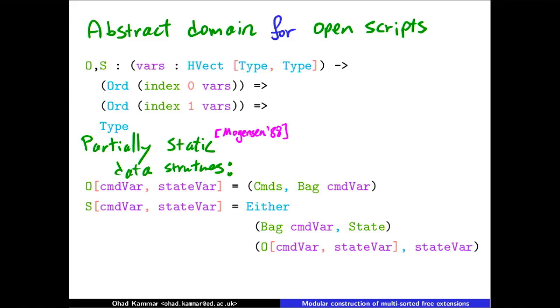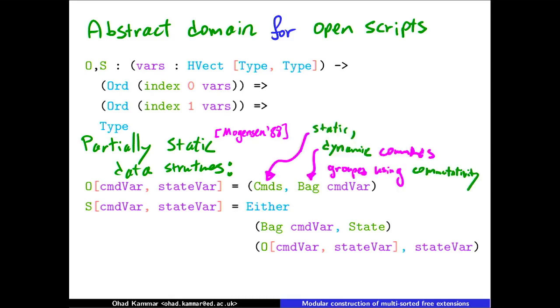For states, it's a little bit more complicated because the open terms I can get inside states can come from the state variables, but can also come indirectly from the command variables, because a command variable can act on a state, and suddenly they both live there. So the command bit is a statically known command, all commands grouped together, and the bag is all the dynamic variables grouped together.